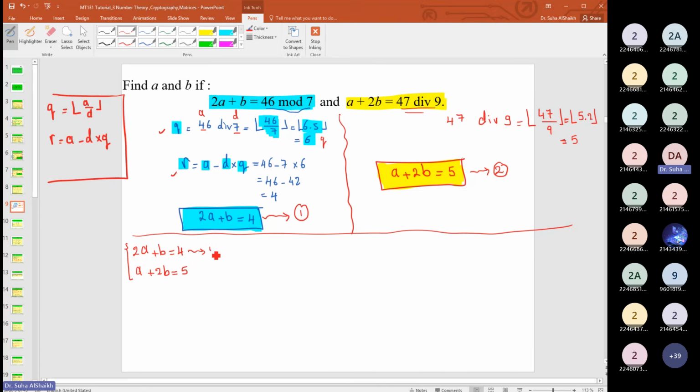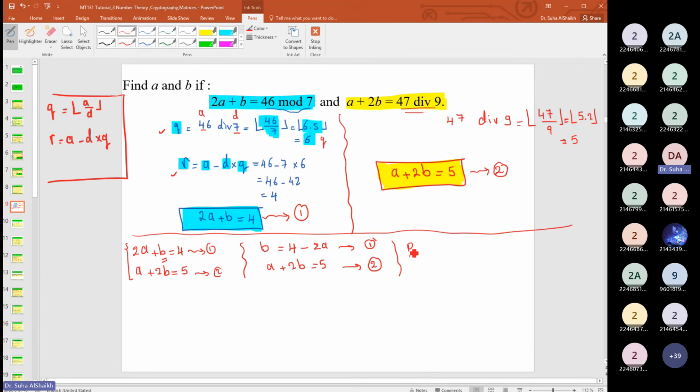Now, since this is equation number 1 and this is my equation number 2, from equation 1 I'm going to leave B on one side and the rest of the terms on the other side. So I'm going to write it like B equals 4 minus 2A, and here we'll have A plus 2B is equal to 5. You get it? I'm going to call this equation number 1 dash and this equation number 2. In equation 1, I left B on one side and moved the other terms to the other side, so I can substitute it back into equation 2.